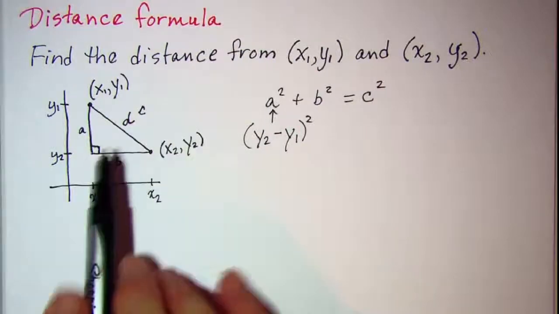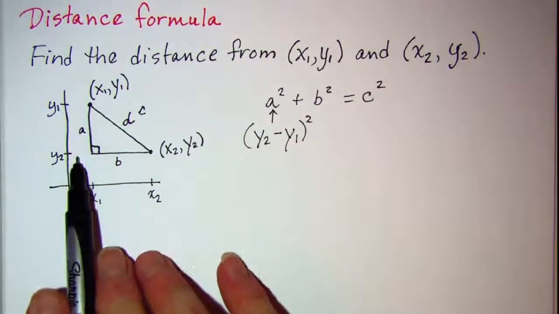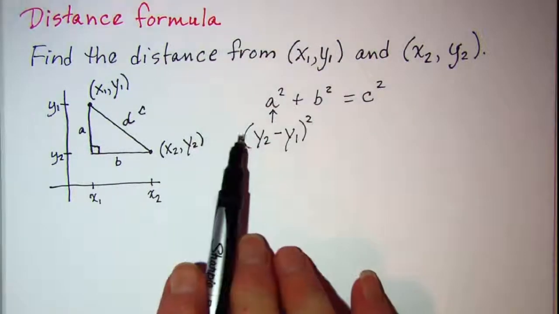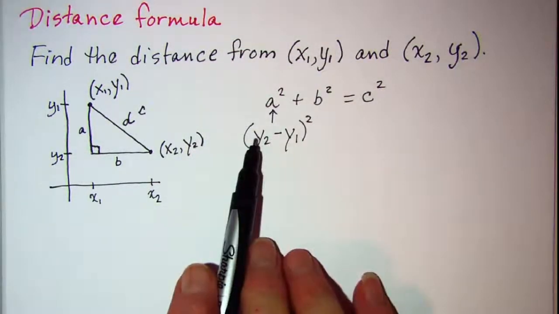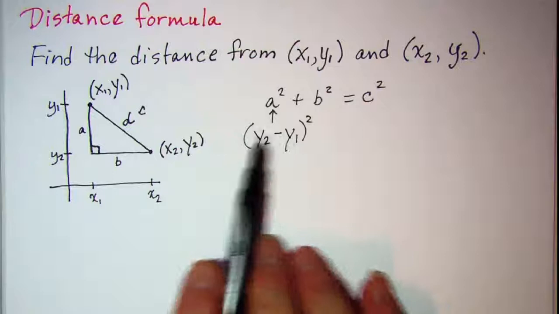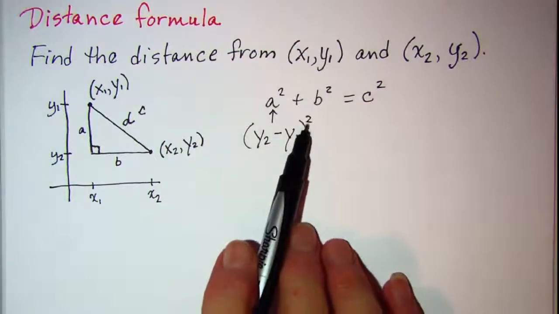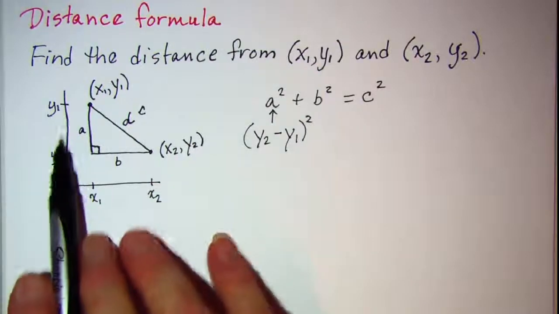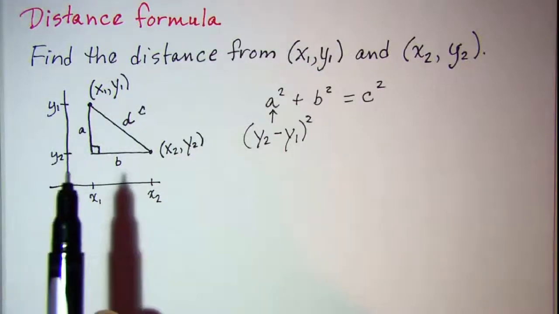Now if you wanted to take y sub 1 minus y sub 2, that would be fine. Even if you came up with the negative of the number that I would get here, when you square that, that would go away. So the order that you subtract those doesn't matter.